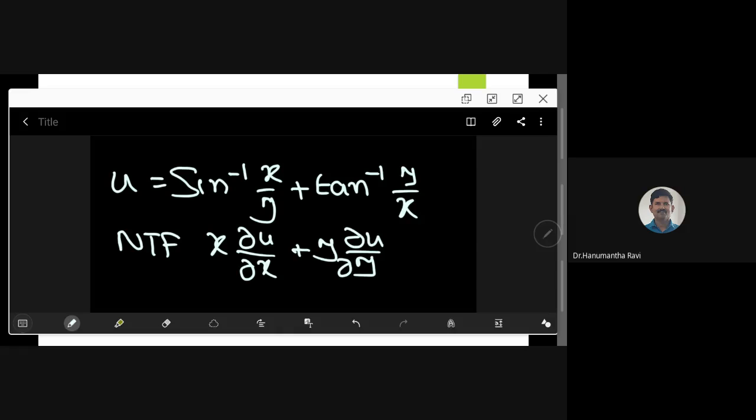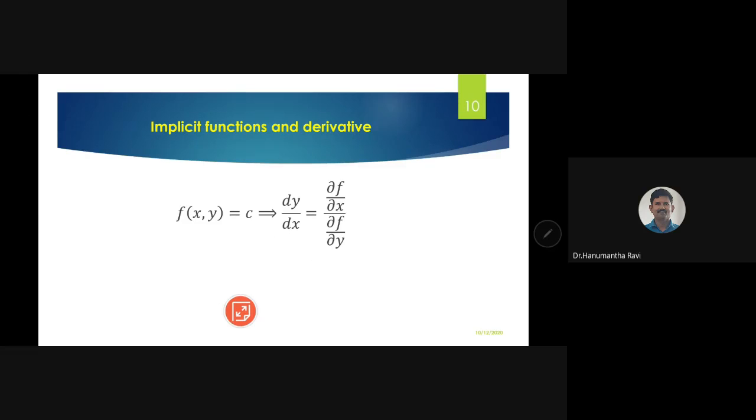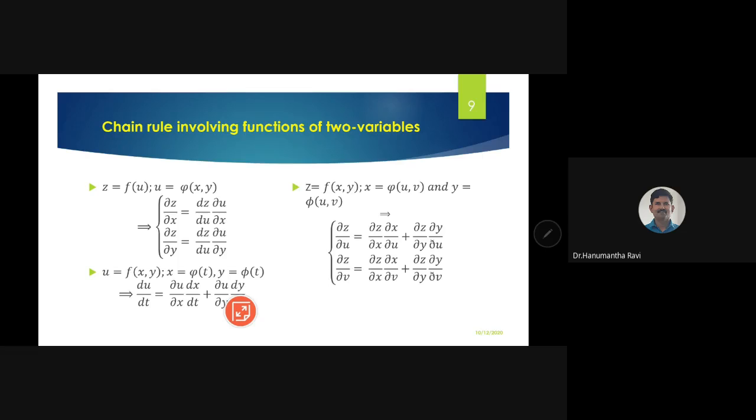So if you look at this one, either we have to apply chain rule or Euler's theorem. Chain rule is here. This is chain rule for explicit functions, functions that are defined explicitly. Case 1: z is equal to f of u and u is equal to some function of x comma y. In such a case, we have written the chain rule there. Similarly, the second option is if u is equal to f of x, y and x and y are functions of a single variable, then we have another version of chain rule.